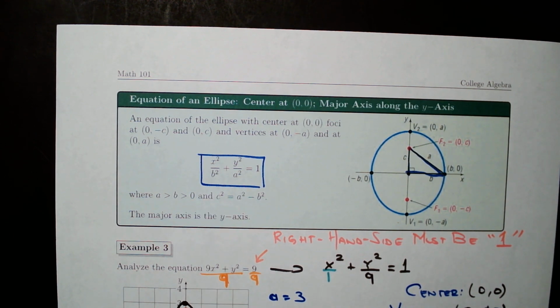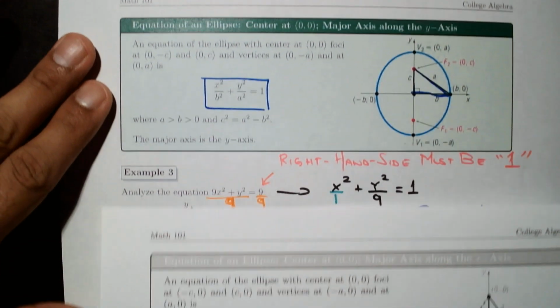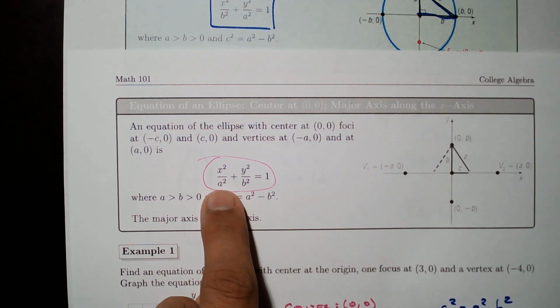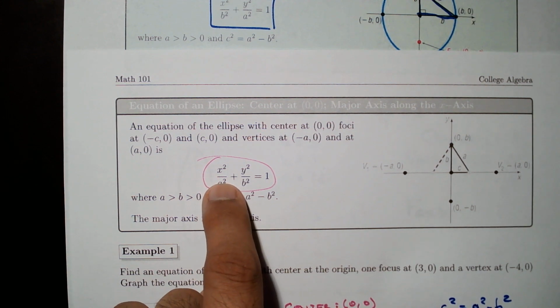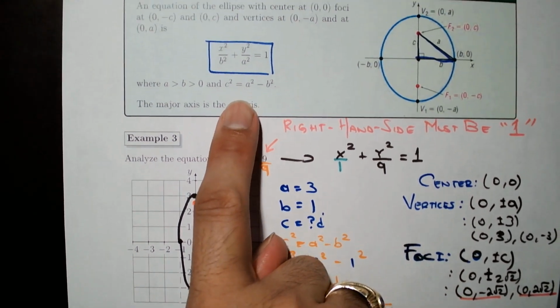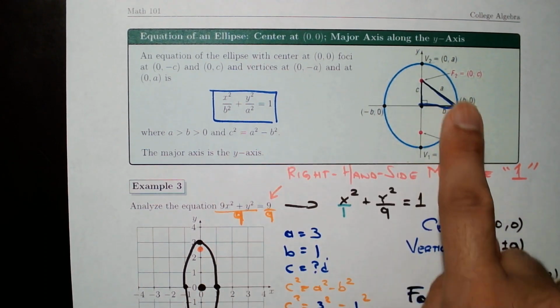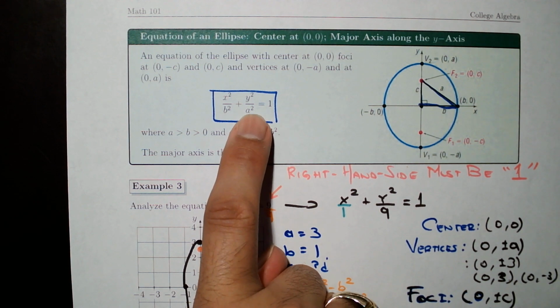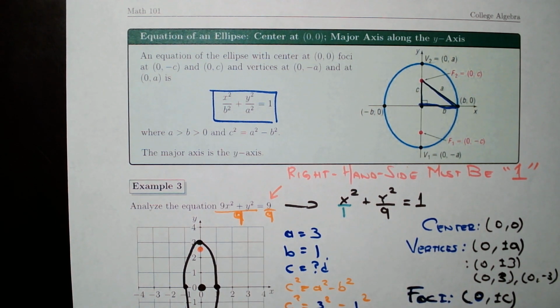As opposed to the previous topic, where we have the largest denominator, denoted with a, in the denominator of the variable x, for this type of ellipses that are vertical, we have the largest denominator being that of the variable y. So let's look at a couple of examples here.